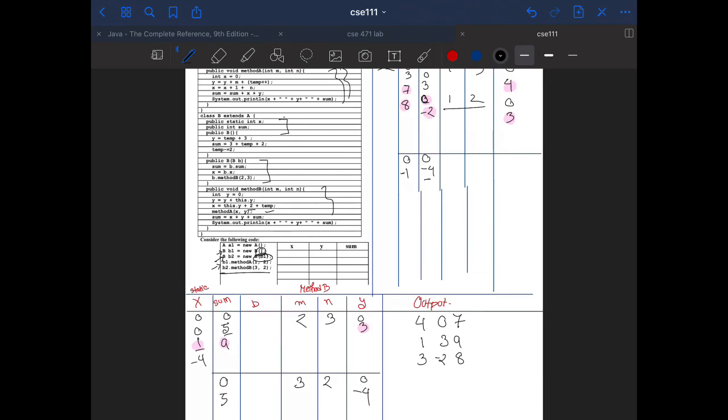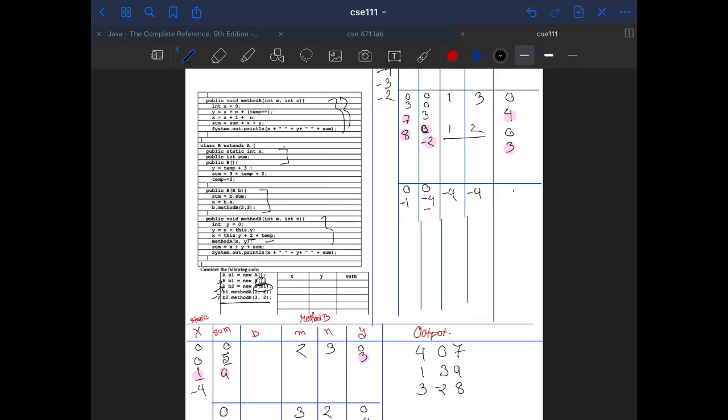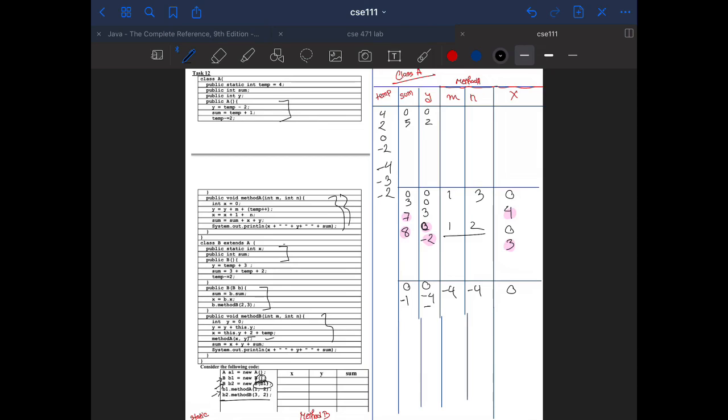Then we are passing minus 4 and minus 4 to method a, so minus 4 and minus 4 go up into method a. x equals 0, y equals y plus m, so y is minus 4 plus m, which is minus 4 again, that's minus 8, plus temp, so that's minus 10, so y is minus 10.